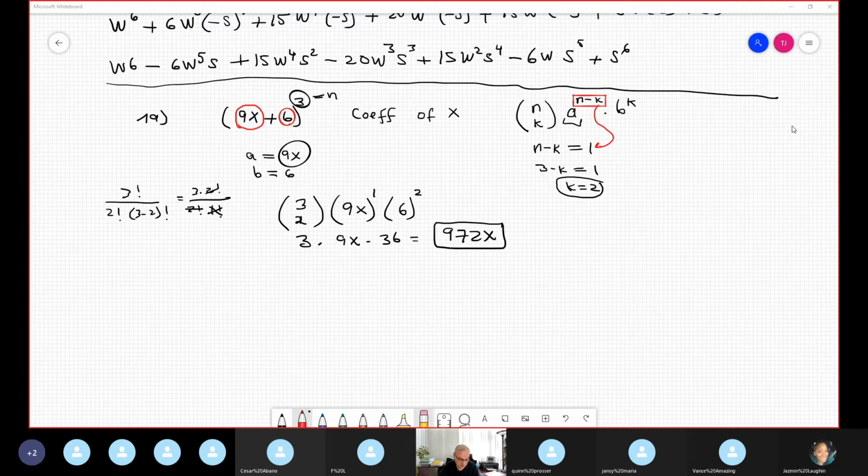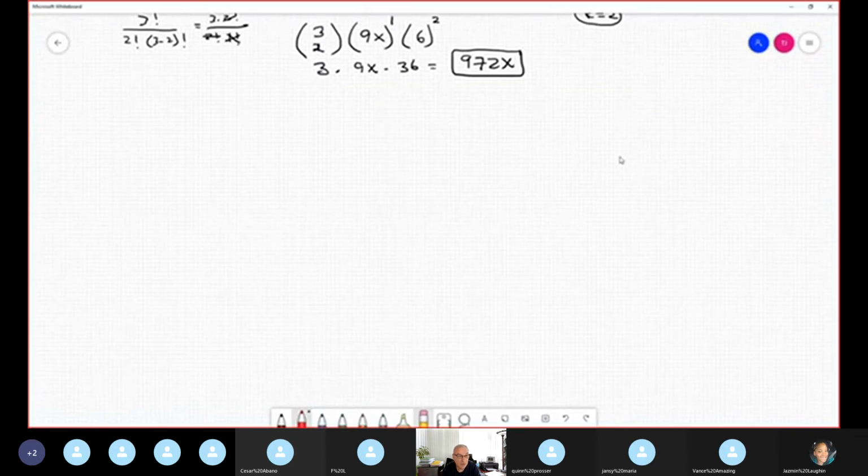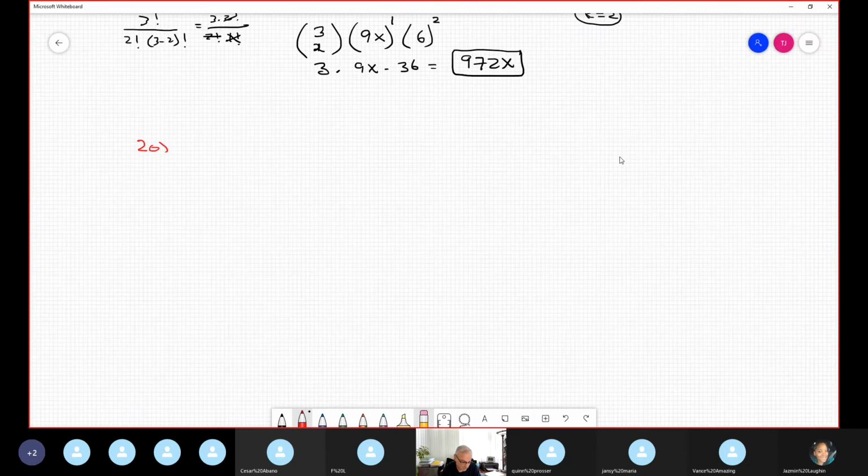Number 20 is similar, where you find one specific term. Okay, 20 says: find the ninth term in the expansion of the binomial x plus 3y raised to the 10th power.